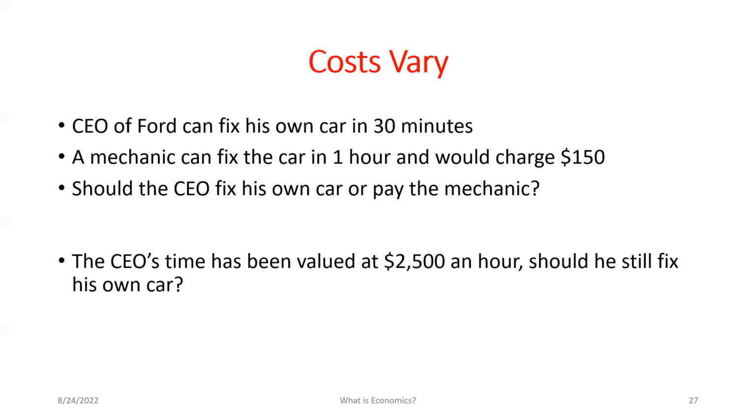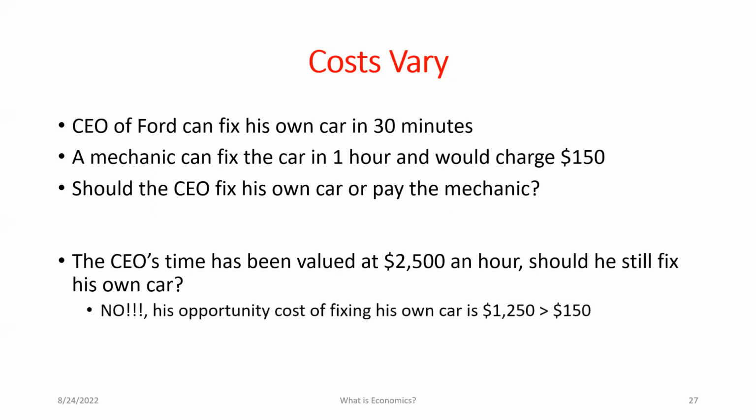That means that if he fixes his own car for 30 minutes, he's giving up $1,250. That is the additional benefit of letting the mechanic fix his car: the money he'll be making working as a CEO as opposed to fixing his own car. That additional benefit is much greater than the additional cost the mechanic charges. Okay.